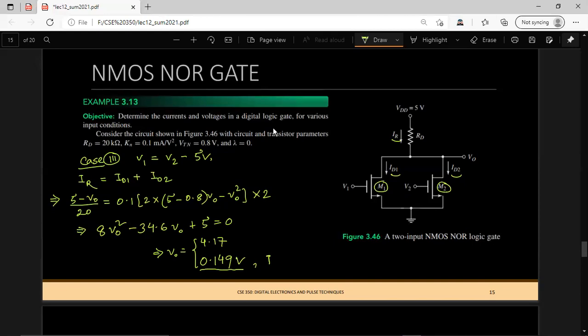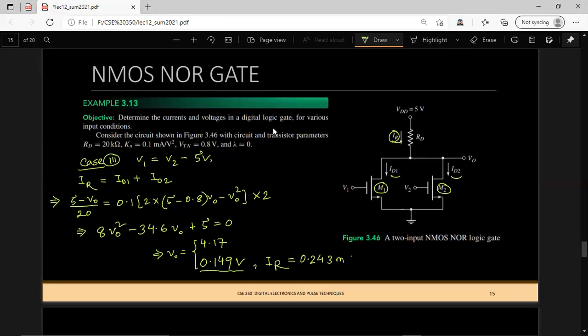From this we can calculate the IR, the current through this resistor, using (5 minus V0) divided by 20, which gives us 0.243 milliampere.